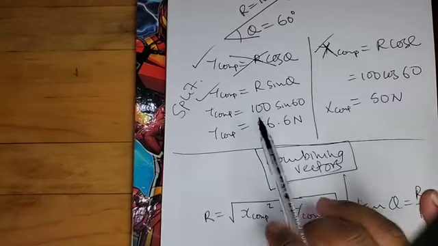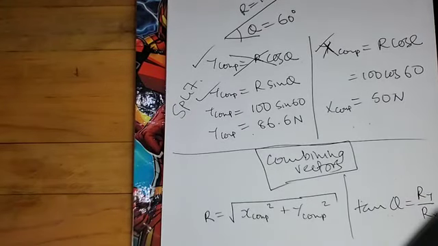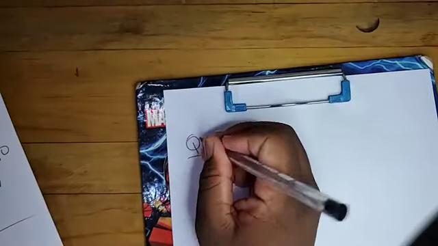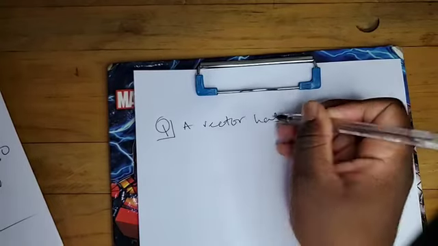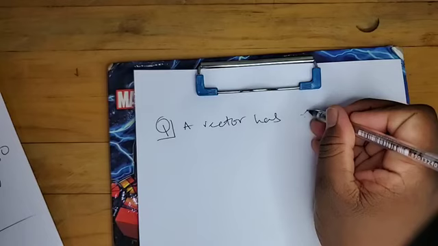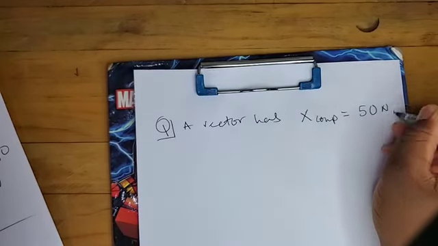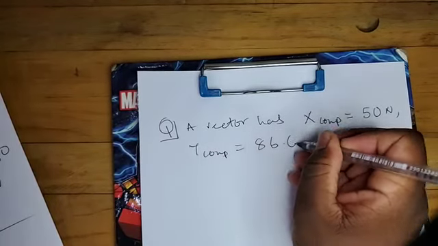So let's see if we can combine these two components that we had earlier to see if we will get back the original vector. Let's phrase it as a question. A vector has x component equal to 50 newtons and y component equal to 86.6 newtons.